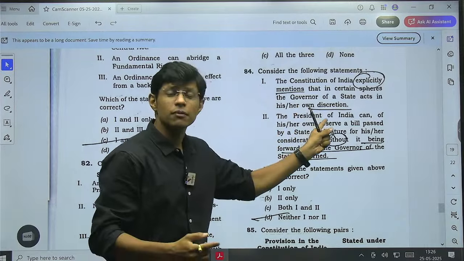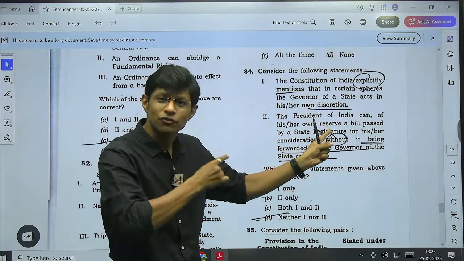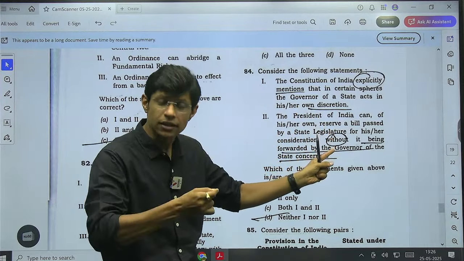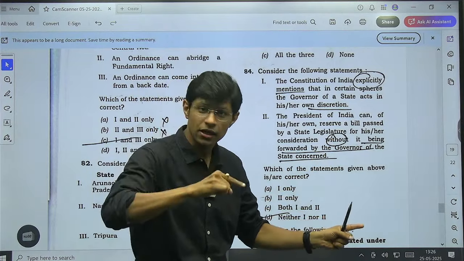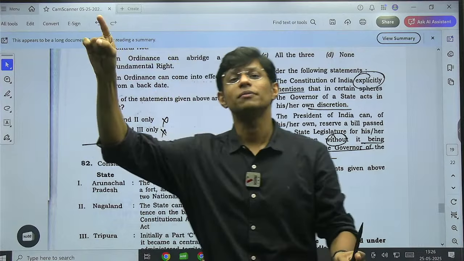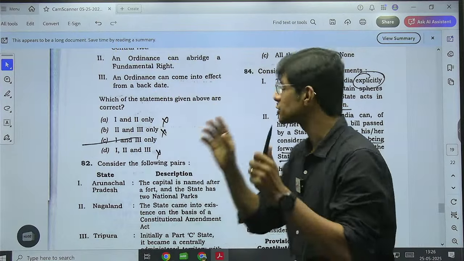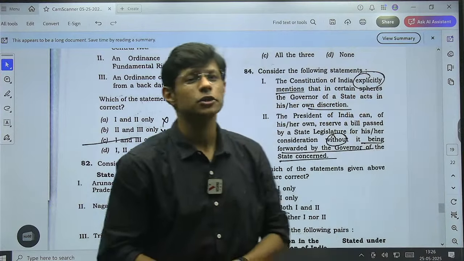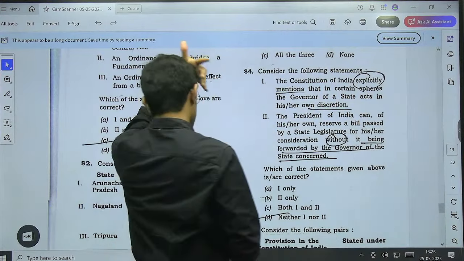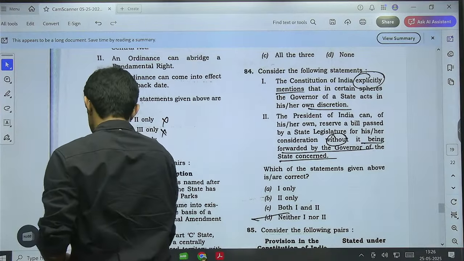Or let's say when a bill comes to the governor for his assent, then the governor can refer the bill for the reference of the president, which means the governor has got some discretionary powers, and this is mandated by the Constitution. So this statement, yes, is correct.